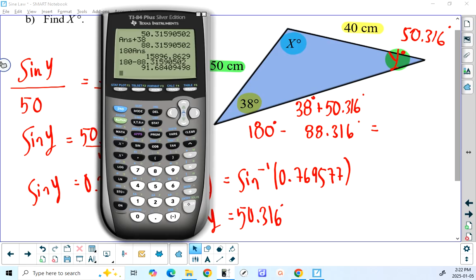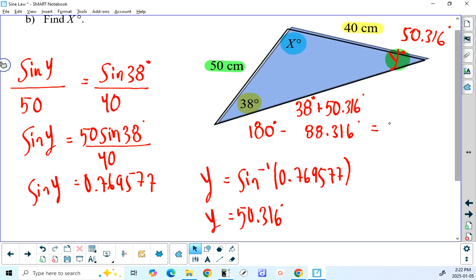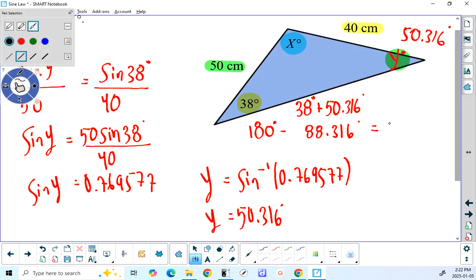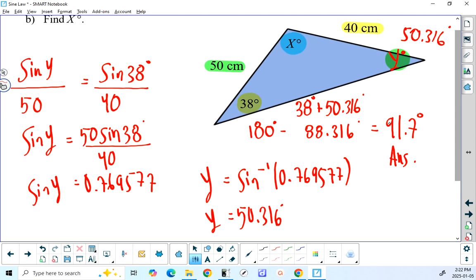And that's our answer for angle X, 91.7 degrees. This is the answer to the question.